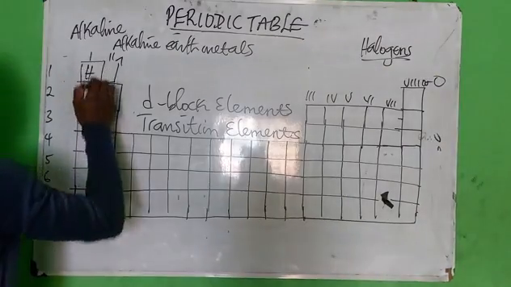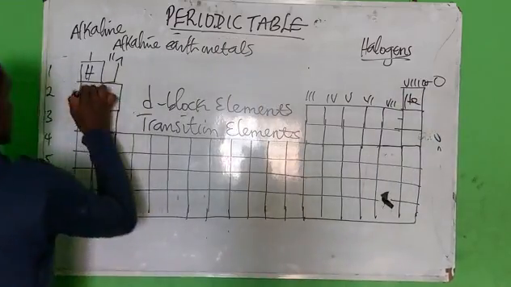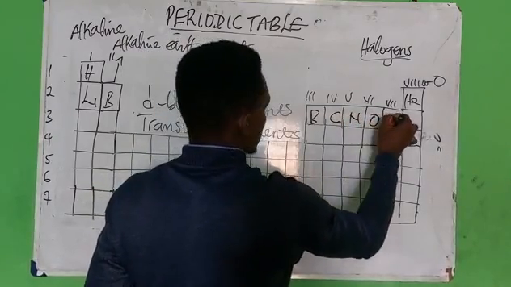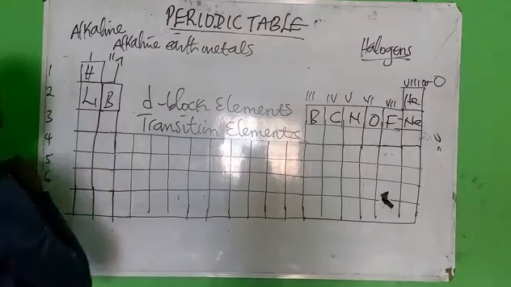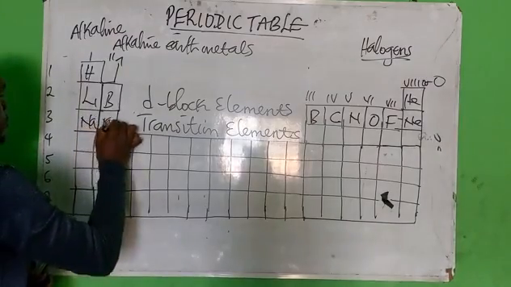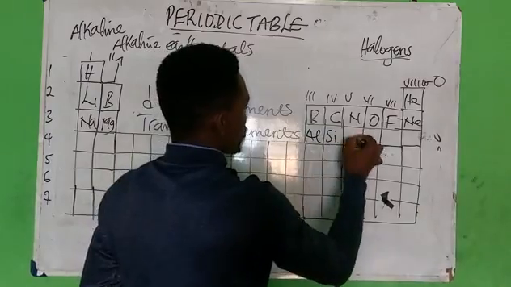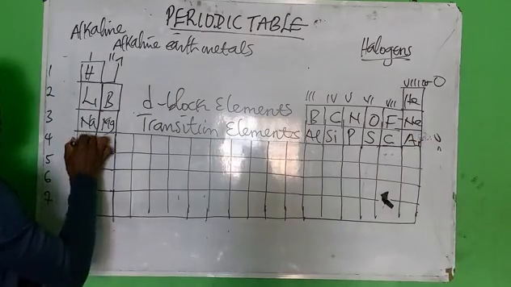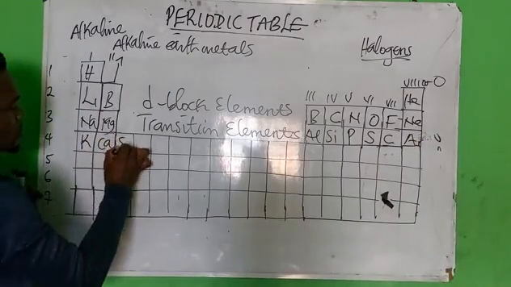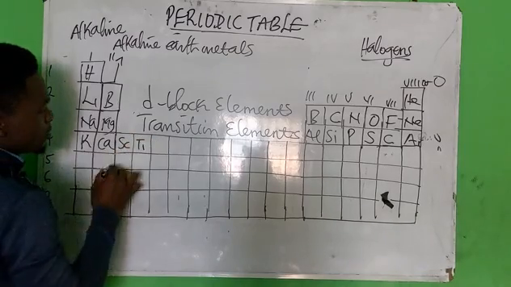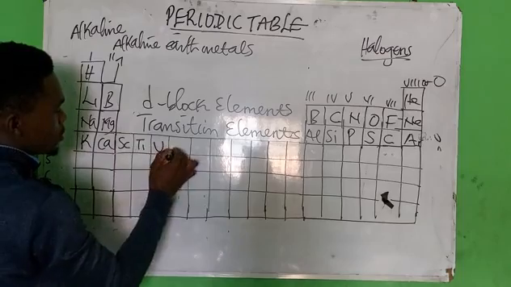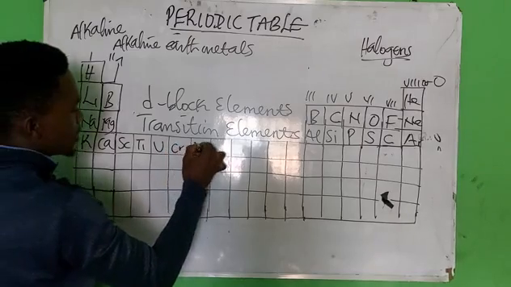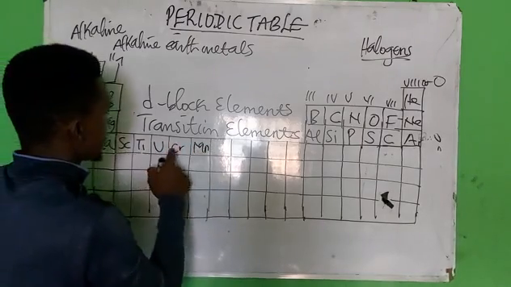Hydrogen, helium, lithium, beryllium, boron, carbon, nitrogen, oxygen, fluorine, neon, sodium, magnesium, aluminum, silicon, phosphorus, sulfur, chlorine, argon, potassium, calcium, scandium, titanium, vanadium, chromium, manganese. Okay, very clean.